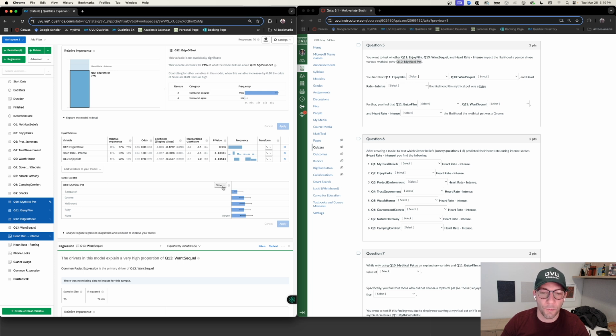And so right now, this little button here is where we can select different categories within this variable. By default, it looks like none is what's selected, and so these are the odds that they would not have chosen a mythical creature. None. Okay, so I see that edge of seat did not have a role in the odds that they would not choose a mythical creature.